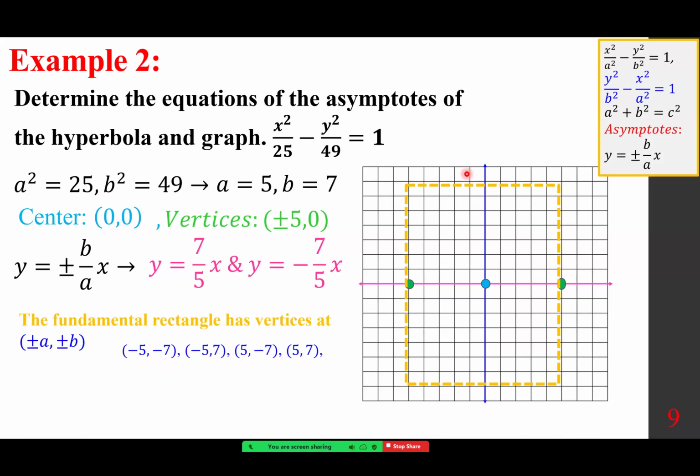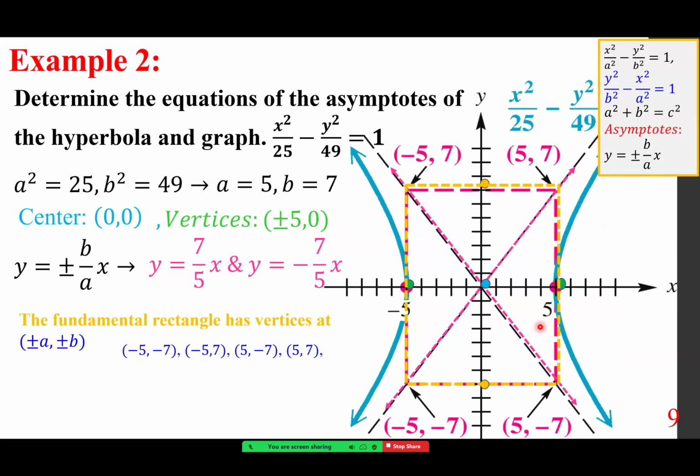And these are the four corners, everybody, which will help us. And here are your asymptotes. And here's your graph. So again, look at the four corners that we mentioned.